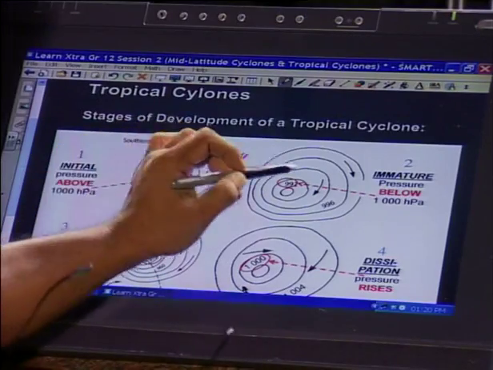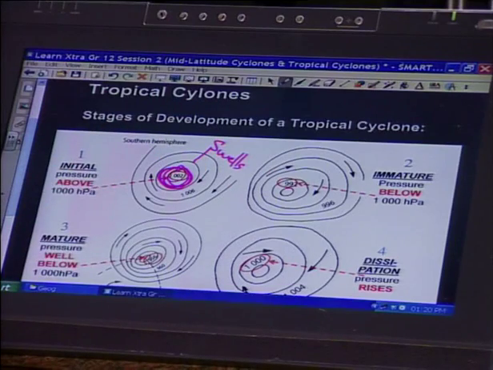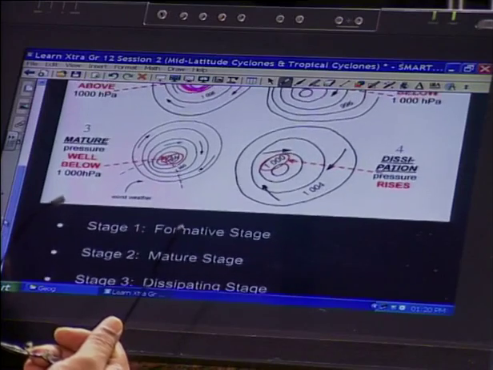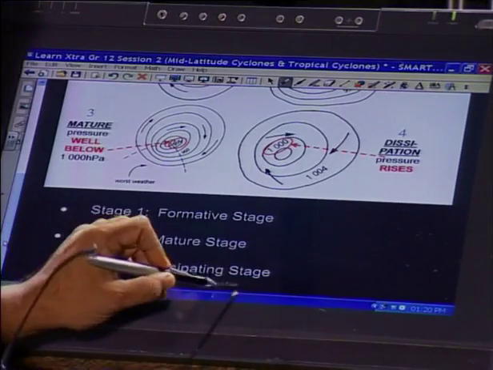Of course, this picks up, but certain conditions have to prevail for it to go through the stages: the immature, the mature, and the dissipating stage. What are those conditions? Let's put the conditions at the bottom here.